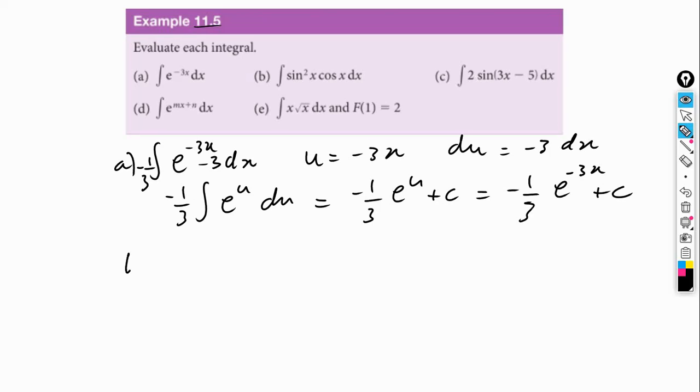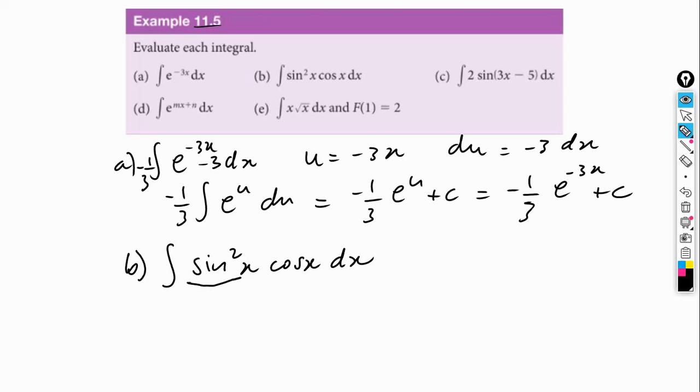For b, we have that they want us to do the integration of sine squared of x times cosine of x dx. So in these cases where you have sine and cosine, you have to pick which one is going to be u and which one is going to be the derivative of u. Notice that this one is to the power of 2.